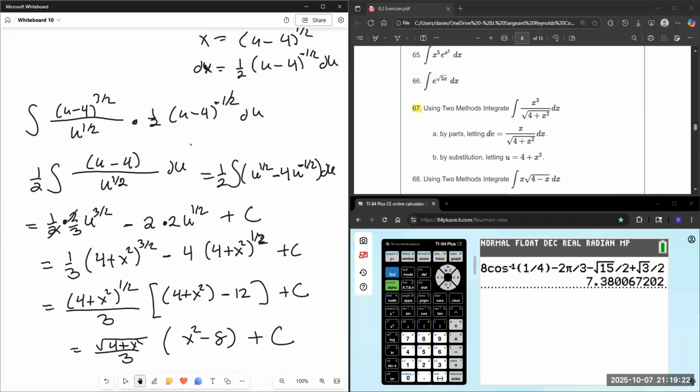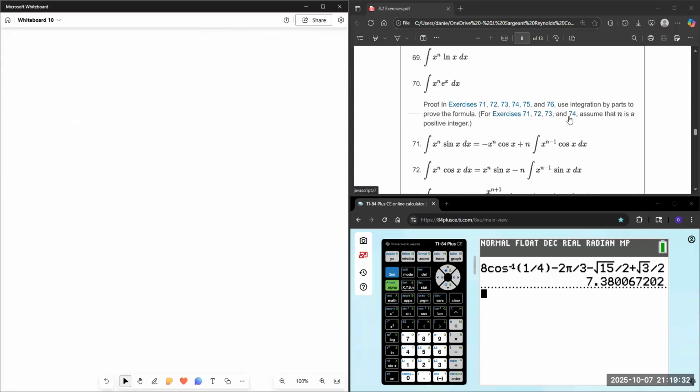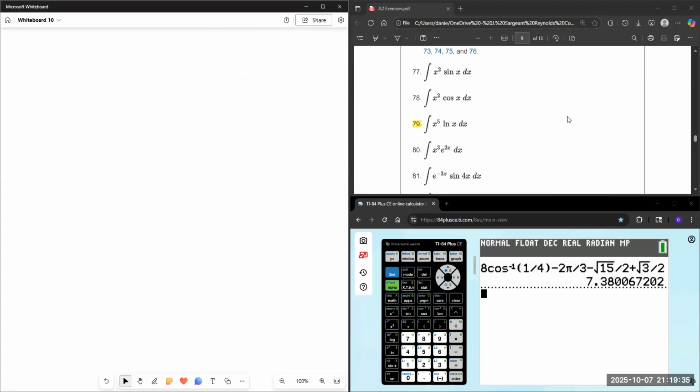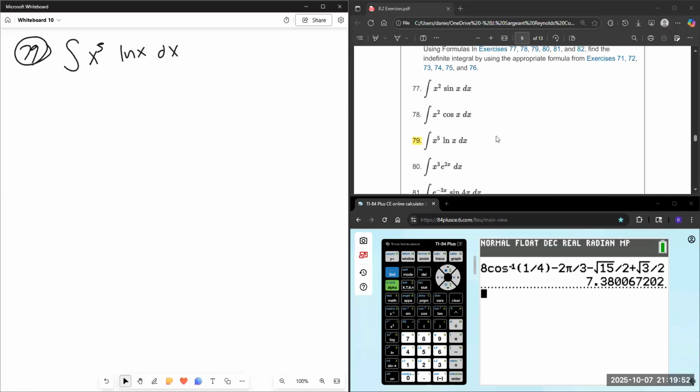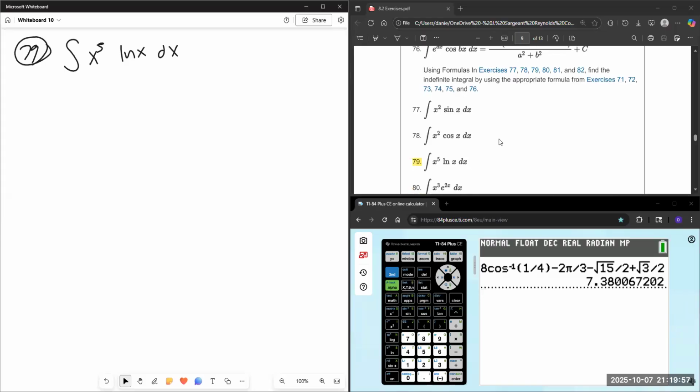Let's look now at number 79. 79 asks us to find the integral of x to the 5th ln of x dx, and it wants us to use a formula.